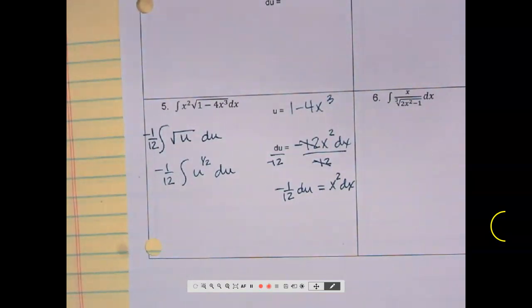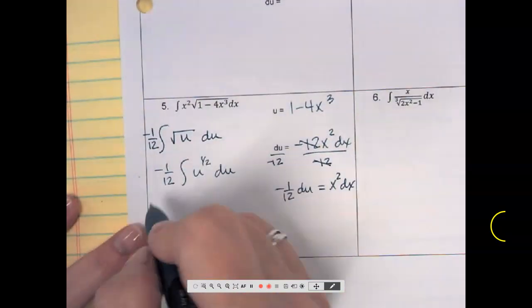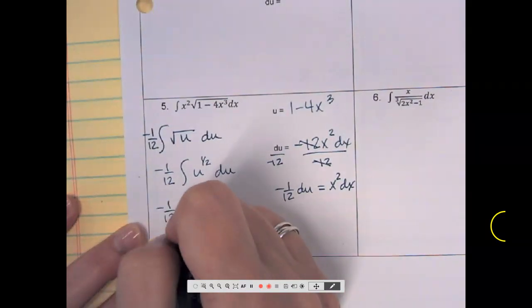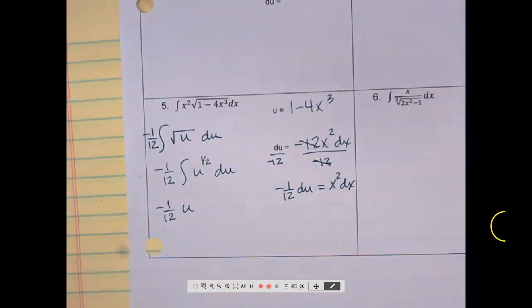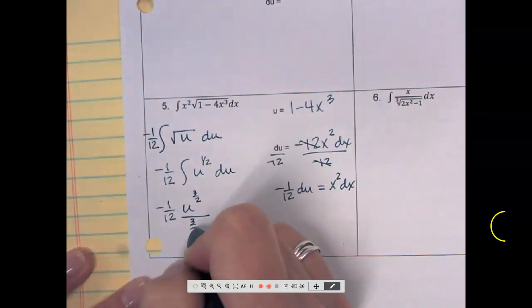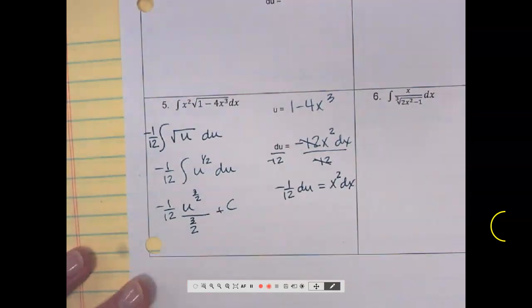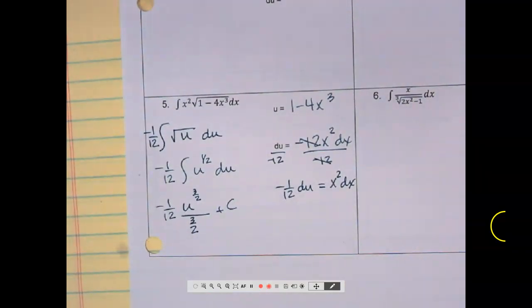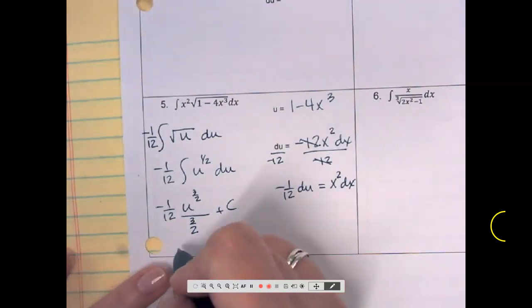More fractions to come, because when I take that antiderivative, it will be u to the what? 3 over 2. But we have to divide by 3 over 2. When I divide by 3 over 2, it is the same as multiplying by 2 over 3.